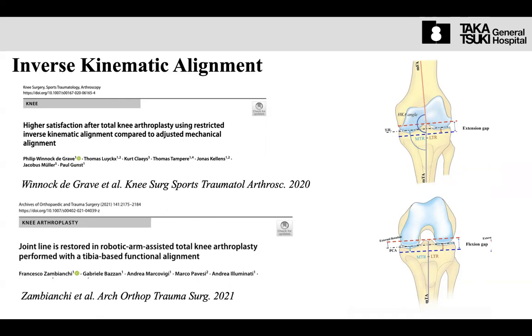Okay, do you understand? But the name kinematic alignment is basically measured resection. So, to be precise, my personal opinion is that tibia-based functional alignment is the best naming. It makes the tibia cutting plane, but this policy is completely different from the kinematic alignments.